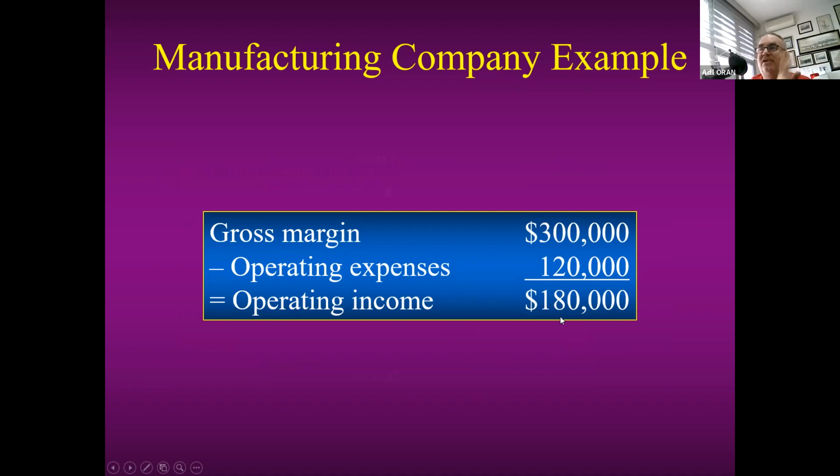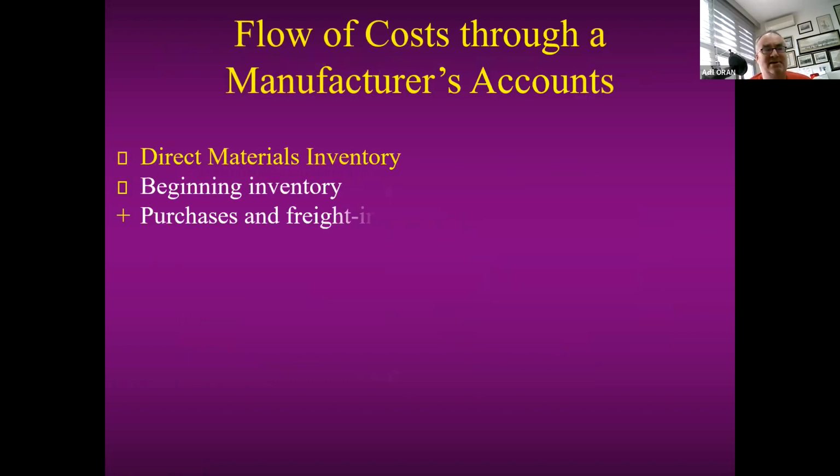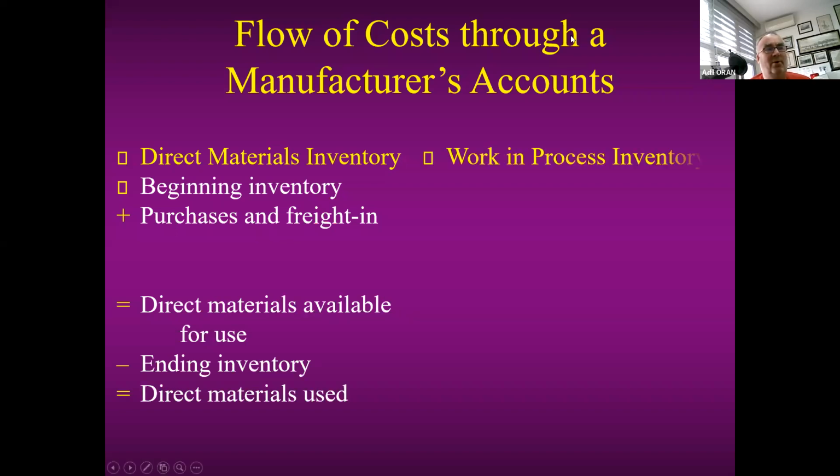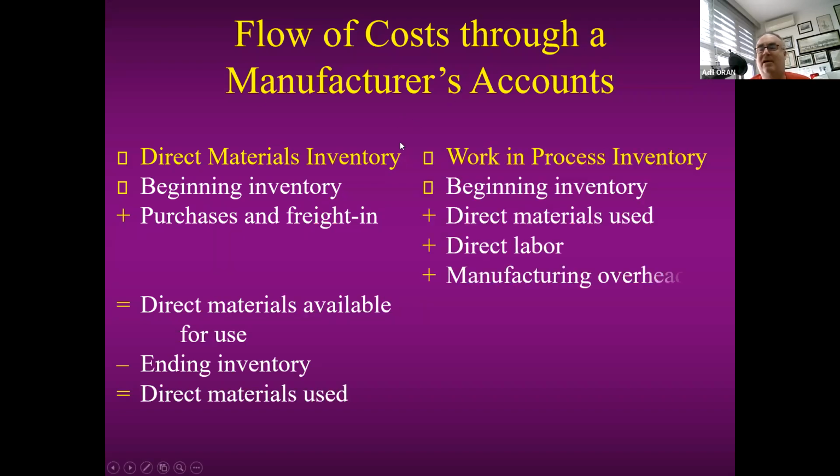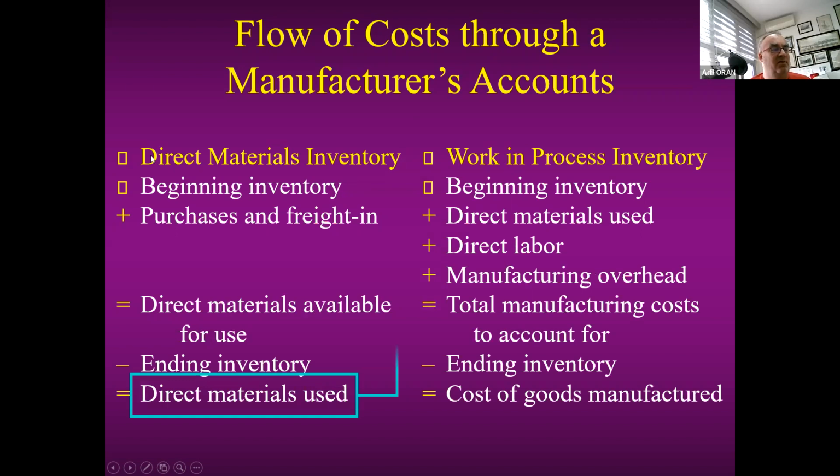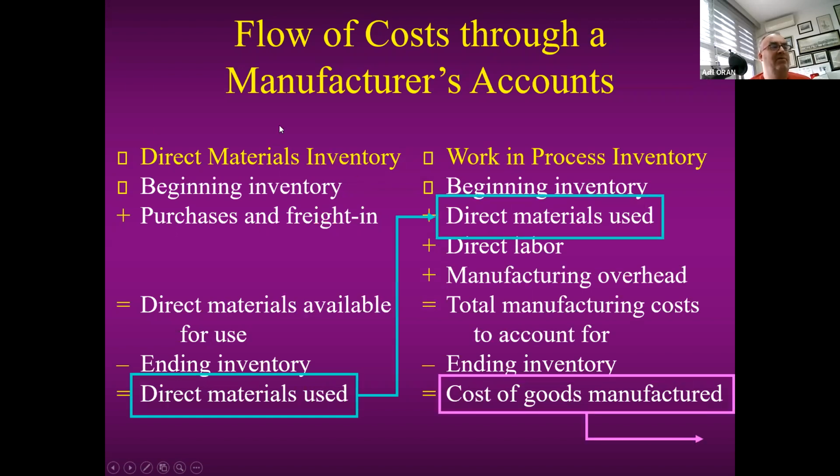So if we try to visualize what's going on again, and I apologize for the sound that the presentation will be making, but this is what it looks like. The flow of costs through a manufacturing company's accounts. First, we have our direct materials inventory over here. We have a beginning inventory, which includes any amounts left over from the previous year in raw materials.